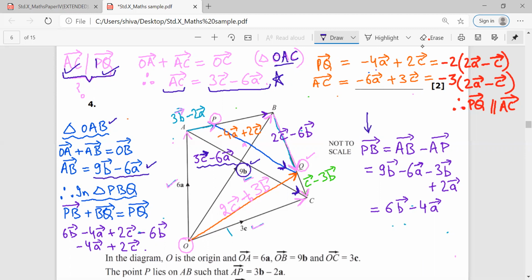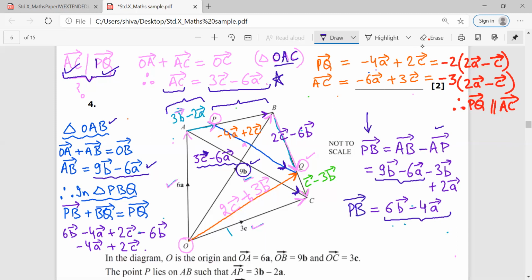PB vector is AB vector minus AP vector. AB I have already found, 9B minus 6A, and from that I will subtract AP. AP is given as 3B minus 2A. So when I subtract, it becomes minus 3B plus 2A, and this will be 6B minus 4A. Any doubt, Mr. Rudra? No, sir. This is my vector PB.